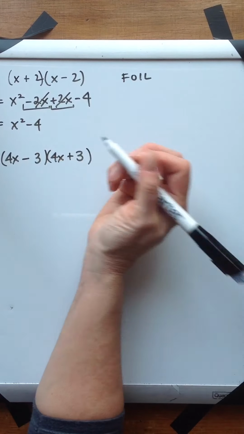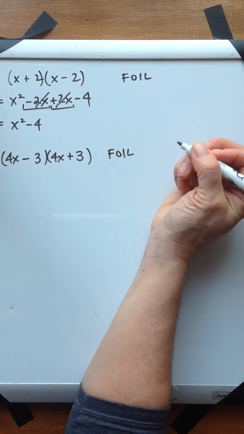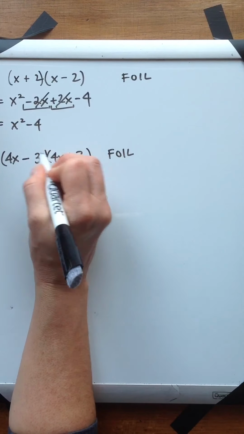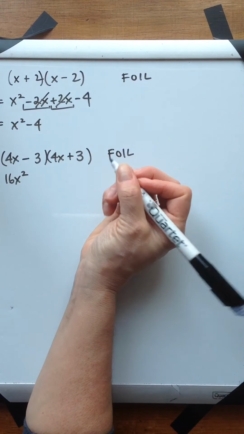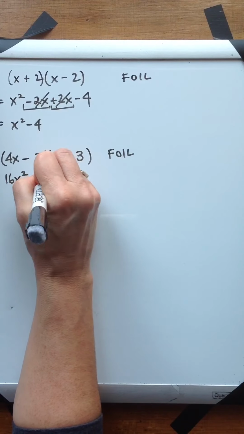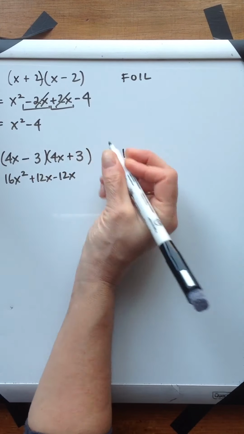We recognize this as a binomial times a binomial, and so we need to apply the principles of FOIL in multiplying it out. Our firsts multiplied together give us 16x squared. Our outsides give us 12x. Our insides give us negative 12x.